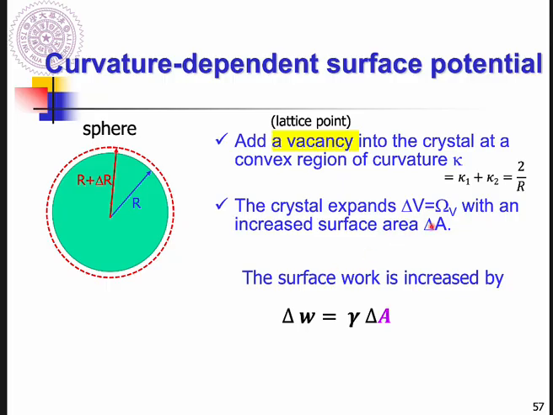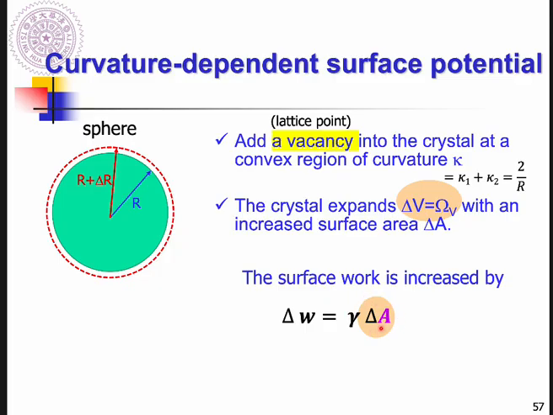From the energy point of view, that is due to the increased surface area. When you need to know how much surface work is increased, you use the area. So we have gamma, which is the surface energy, times the increased surface area delta A. So you know the surface work is increased by gamma delta A.